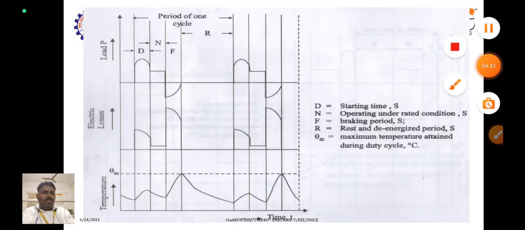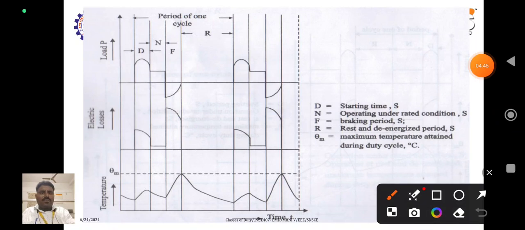Here D represents the starting, N the operating, F the braking, and R the rest. So DNR is similar to the intermittent periodic duty with starting, except for the braking. While applying the braking, the kinetic energy stored in the electrical drive is dissipated as heat.